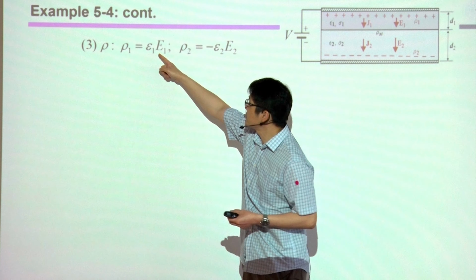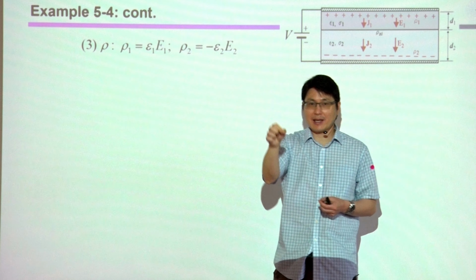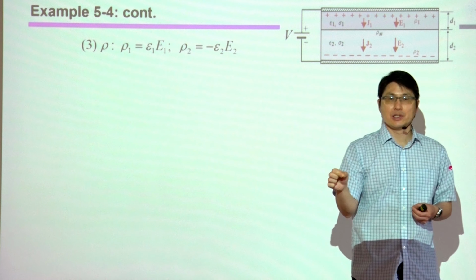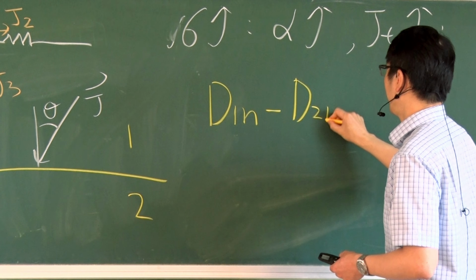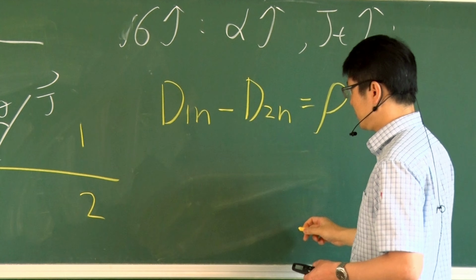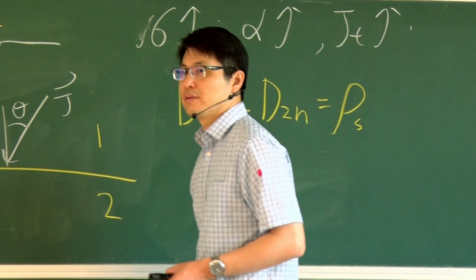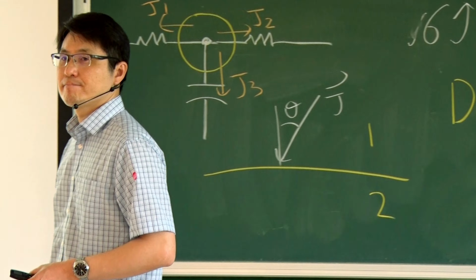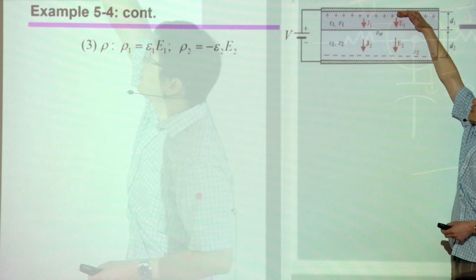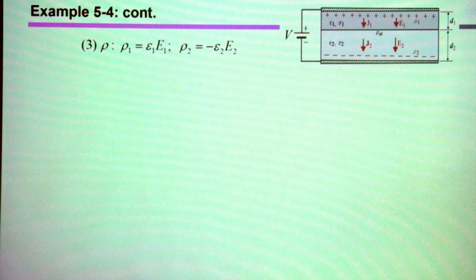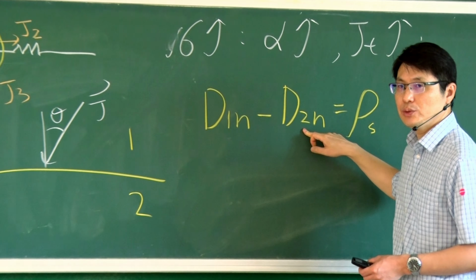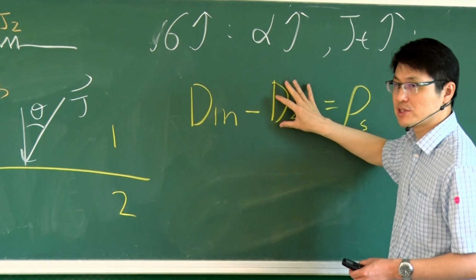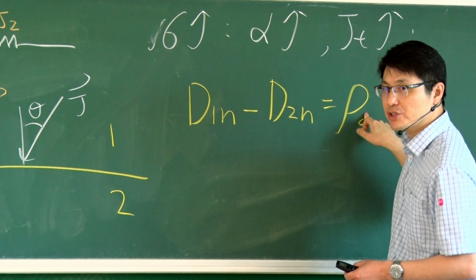So these two simple formulas actually test your understanding to use D1n minus D2n equals rho s. Okay? For the top interface, D1 is in the dielectric and D2 is in the metal, so this one is 0, so you have positive charge.